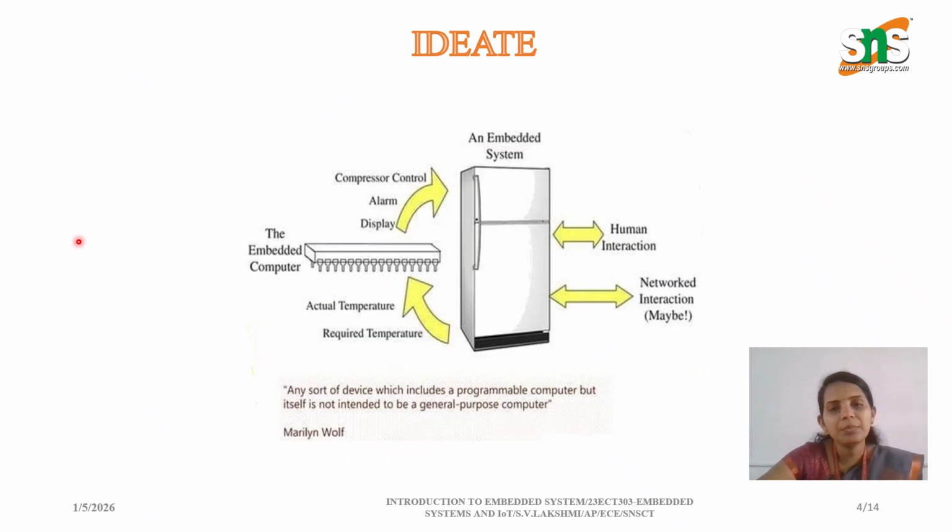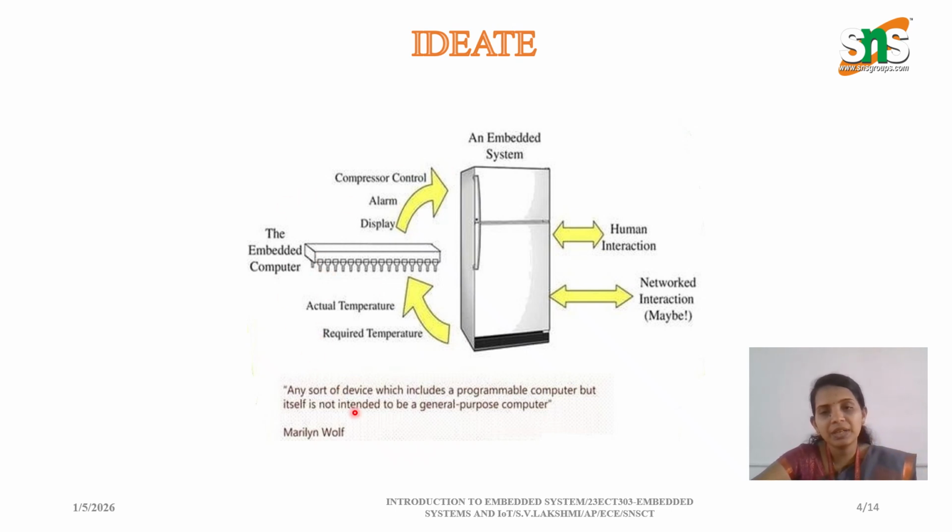Another example of an embedded system is a home appliance, the refrigerator. This is a simple embedded system which contains an embedded computer. This would be the processor or the controller, which acts as the brain of this system.